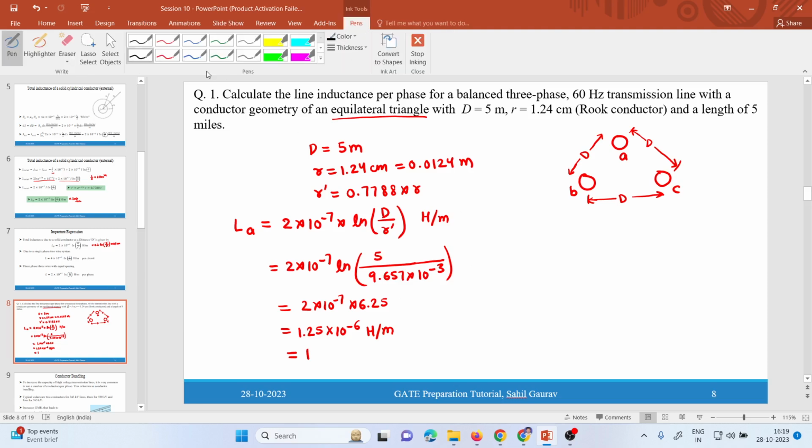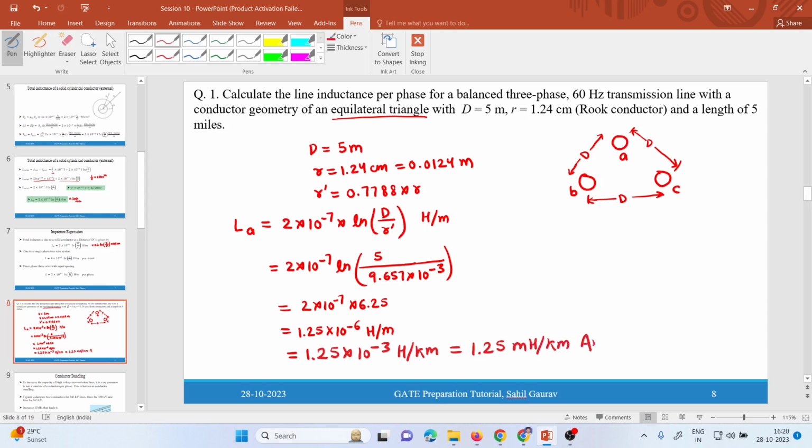Anil, yes, sir, what will be the answer in millihenry per kilometer? If you write it in terms of kilometer, then 10 to the power minus 3 will come out, so here it will be Henry per kilometer, and again 10 to the power 3 will go into this, so it will be 1.25 millihenry per kilometer.